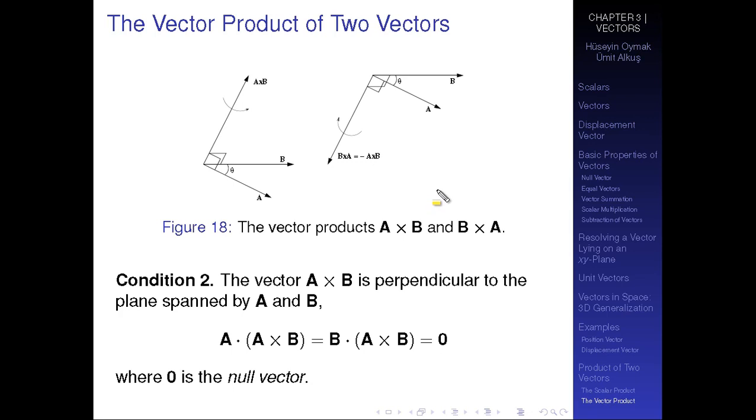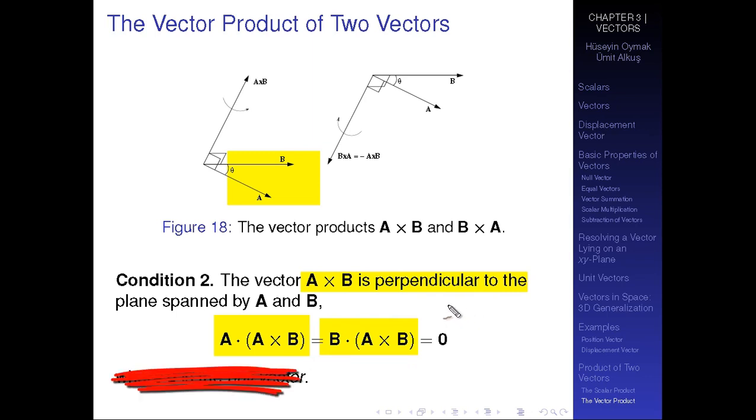The vector A cross B is perpendicular to the plane spanned by A and B. This means that A dot A cross B or B dot A cross B equals 0.